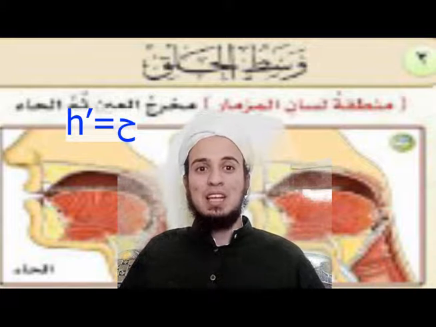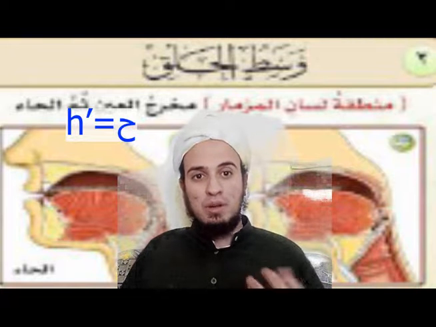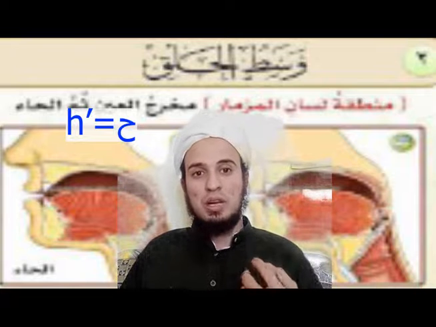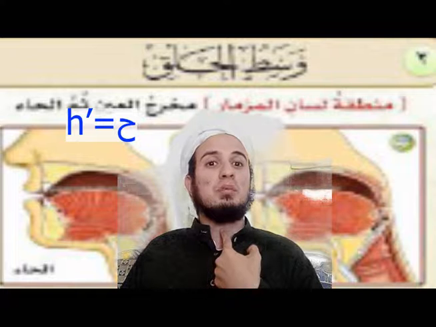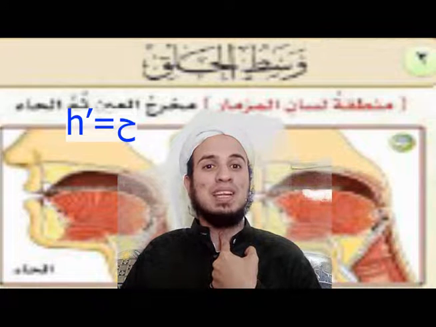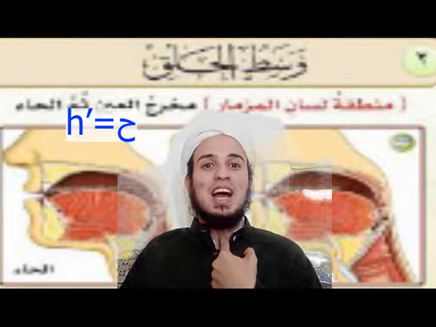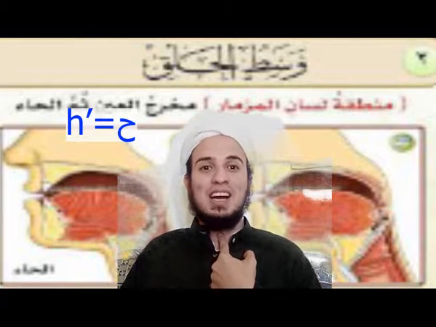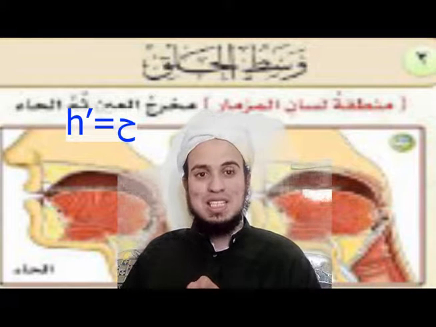Now, instead of pronouncing it and making the voice come out from the end of your throat, make it from the middle of your throat. Mid, mid, look, ha. Now it's from the middle. The two letters have almost the same qualities.